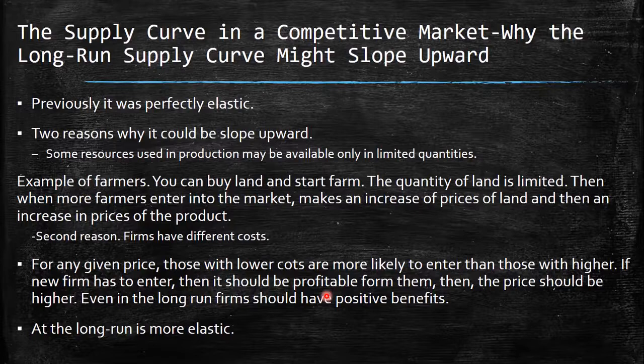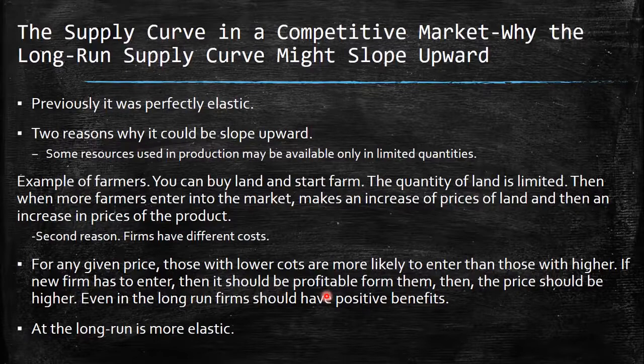Obviously the quantity of land is limited. For this reason, when more farmers enter the market, it increases the price of land and then the price of the product. So at this time, your long run supply is going to slope upward.